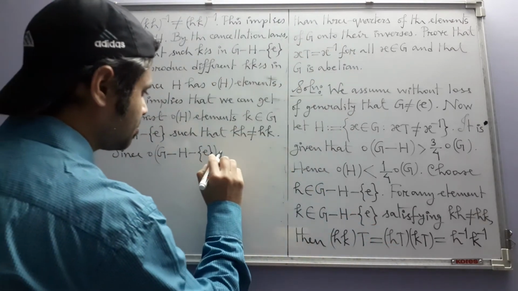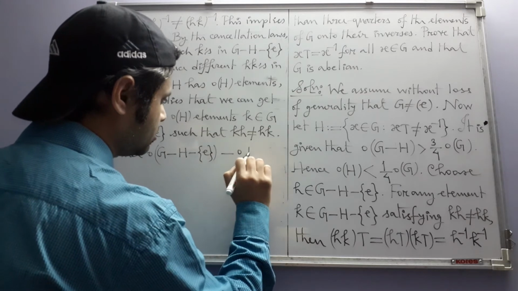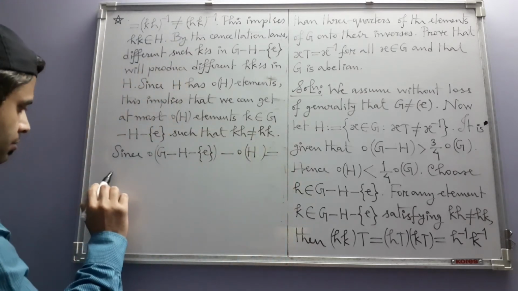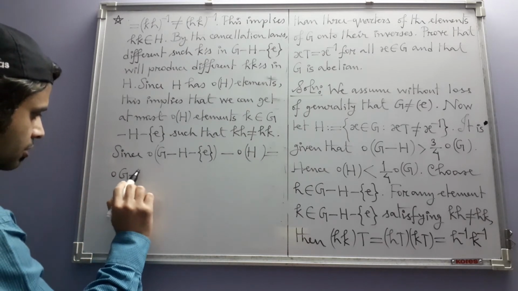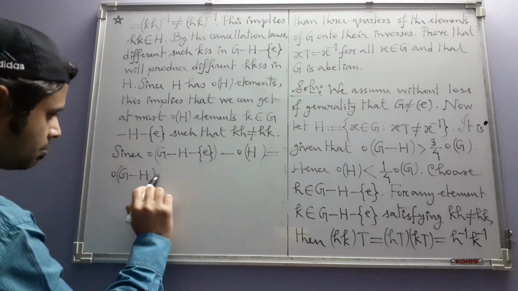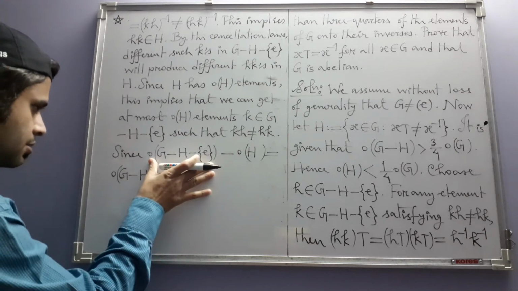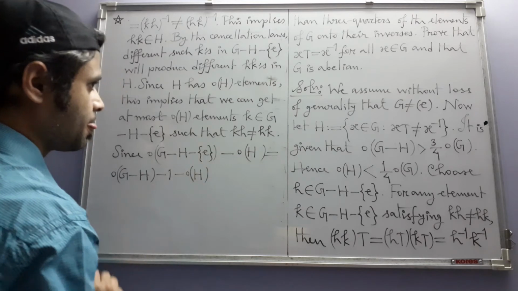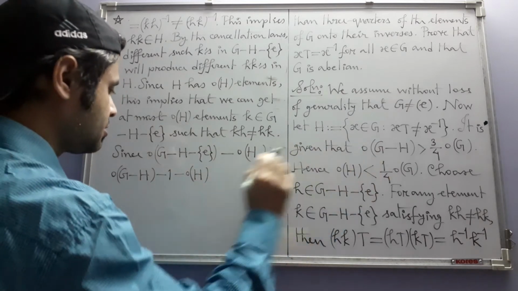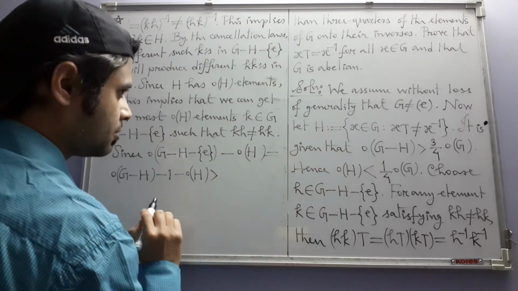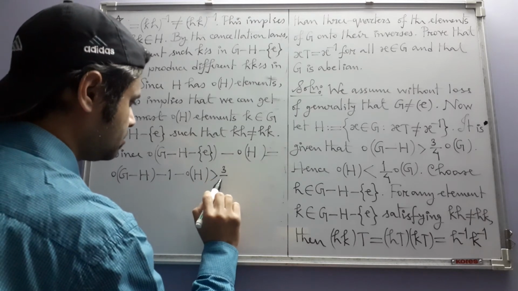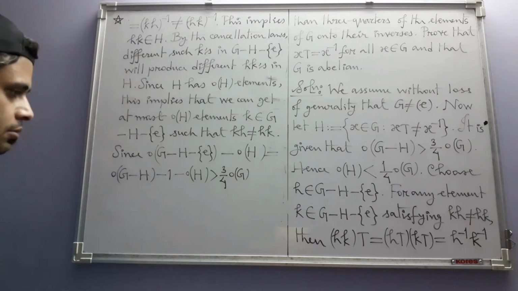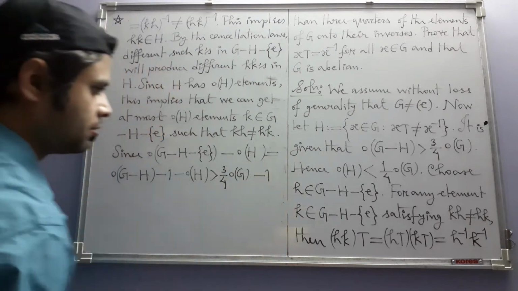If we subtract the order of H from this, then this becomes equal to order of G minus H minus 1, which is this minus order of H. Now order of G minus H is greater than this minus 1.